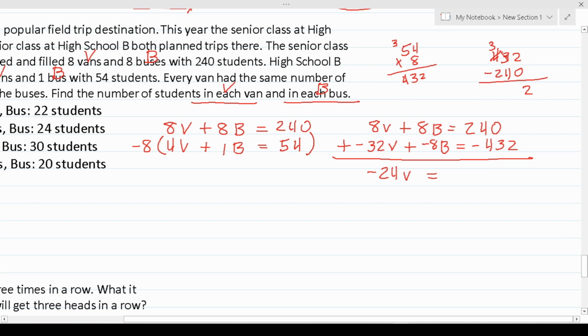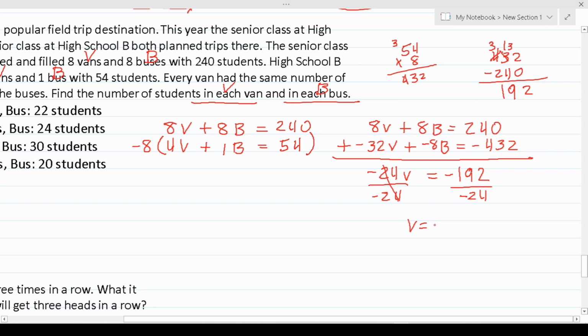This becomes 3. This becomes 13. 13 minus 4 is 9. And then 3 minus 2 is 1. So this is -192. Divide both sides by -24 to get v by itself.